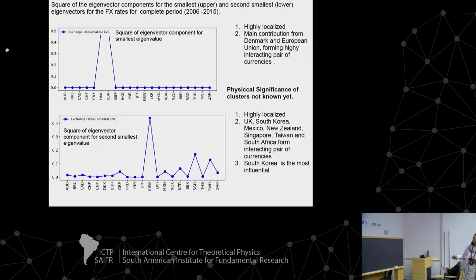Notice here, this is the eigenvector corresponding to the smallest eigenvalue. And it shows that Denmark and the European Union form highly closed clusters. And out here, there is UK, South Korea, Mexico, New Zealand, and so on. And South Korea turns out to be the most influential.